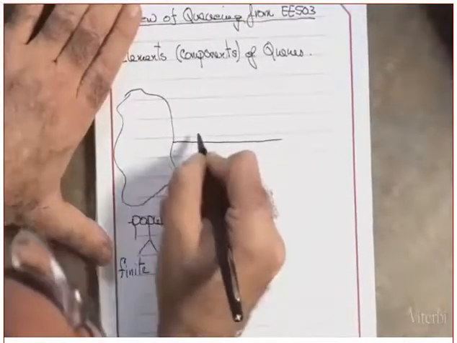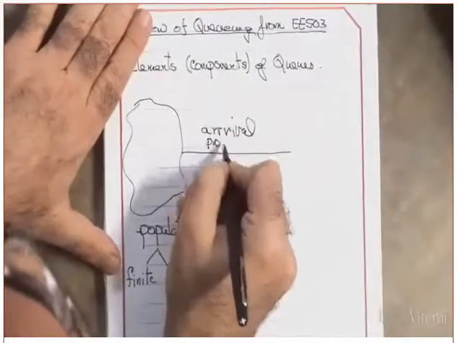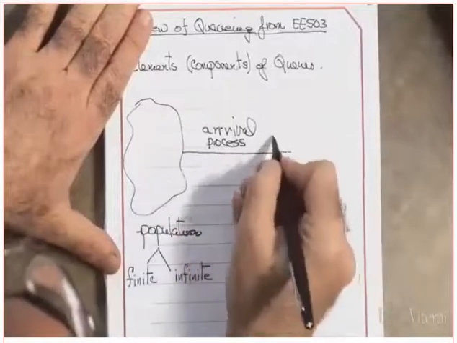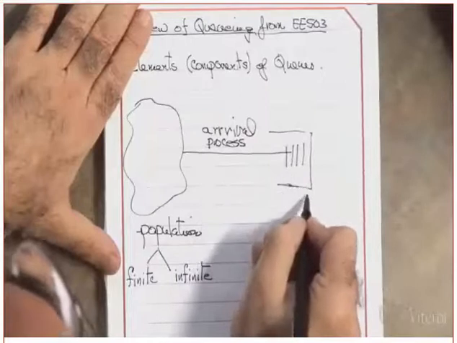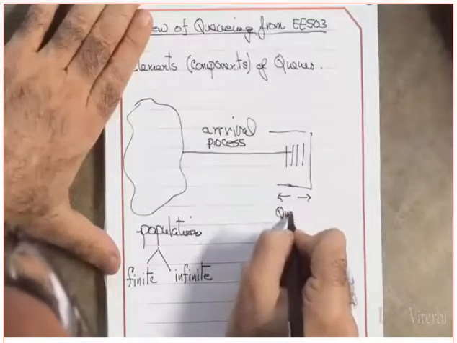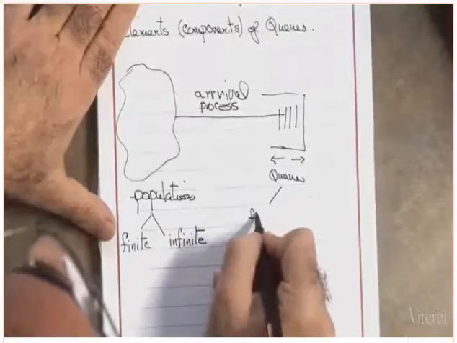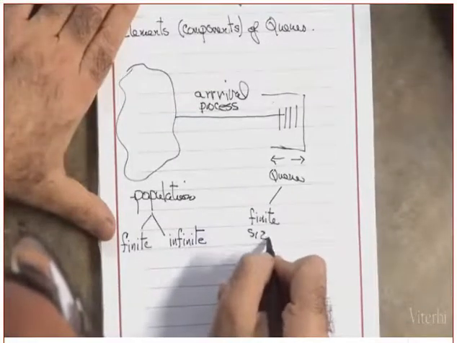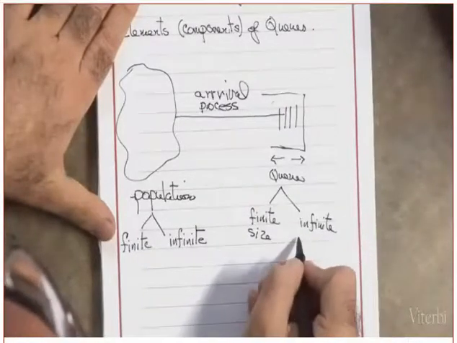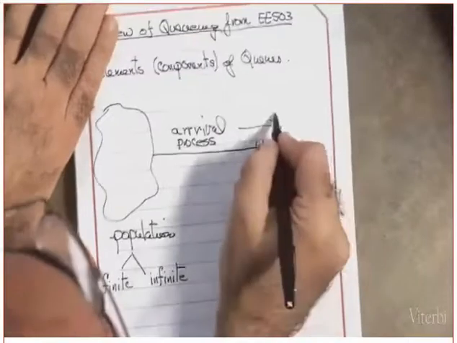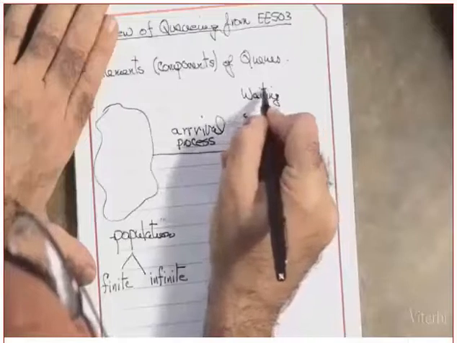Then what do I have? I have the arrival process, where the packets are going to be joining a queue. This is the queue. And when we deal with the queue, we deal with finite size, infinite size, and in here we do have the waiting process.